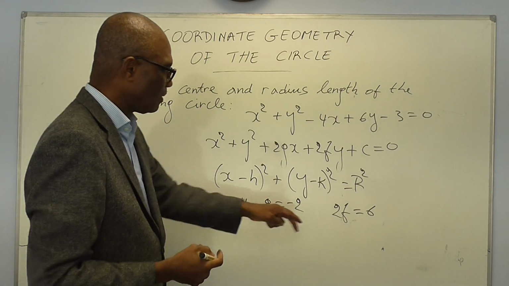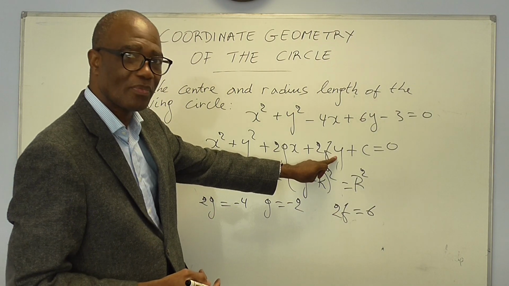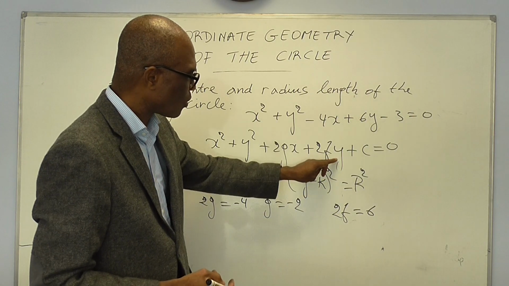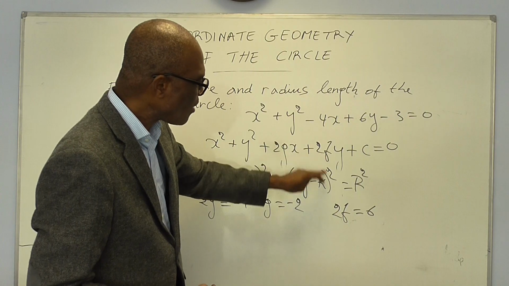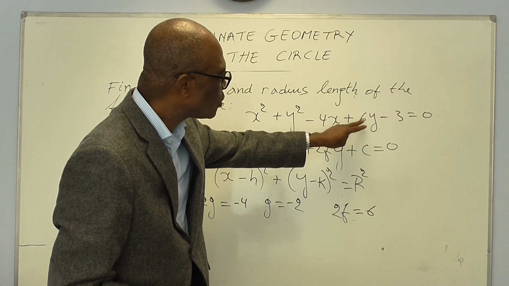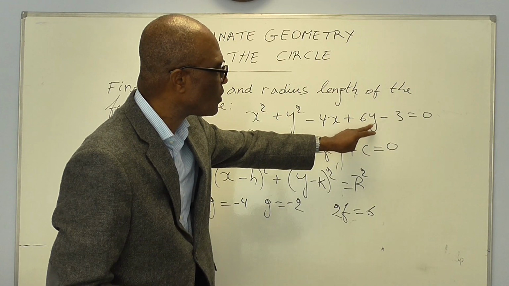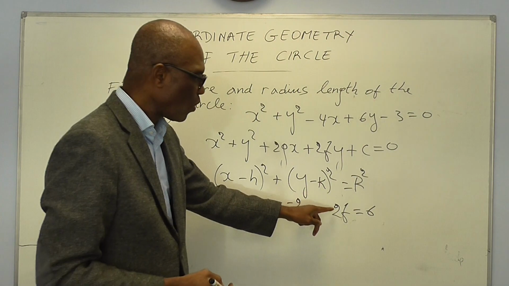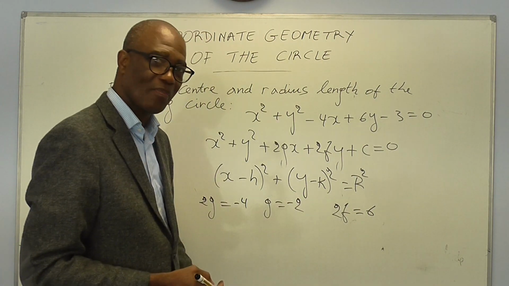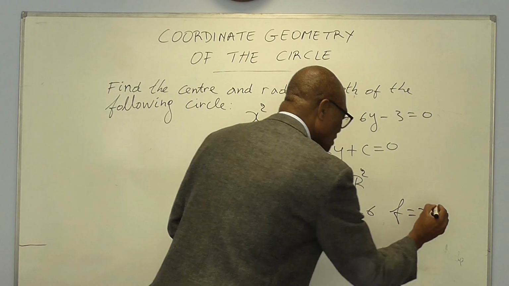So I repeat, 2f is the coefficient of y here, and the 2f corresponds to 6, because the 6 is the coefficient of y over there. So 2f is equal to 6. That means f will be equal to 3.